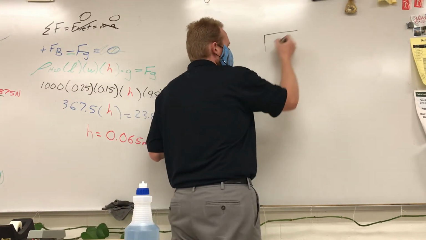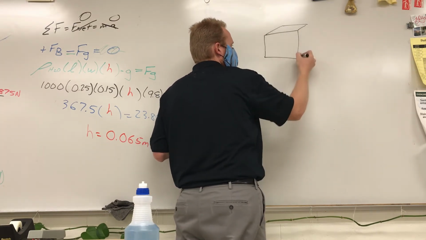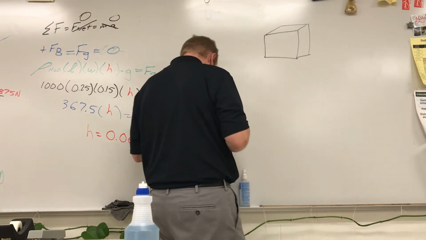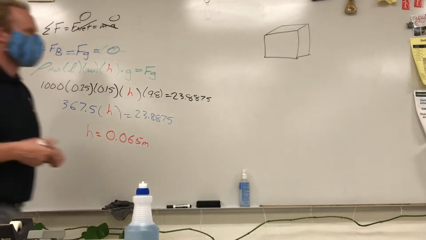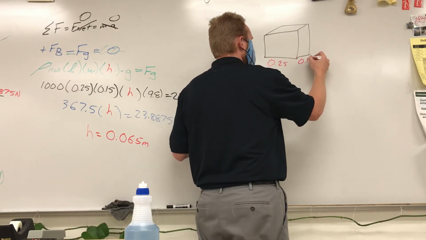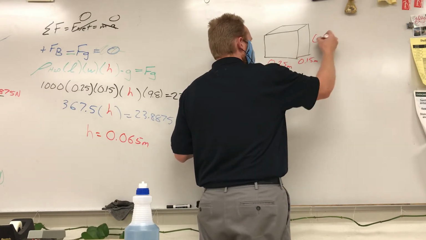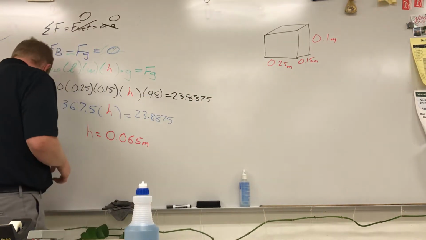But it's the exact same block for part B, so it has the exact same dimensions of 0.25, 0.15, and 0.1. I realize my picture's not drawn to perfect scale, but that's okay.